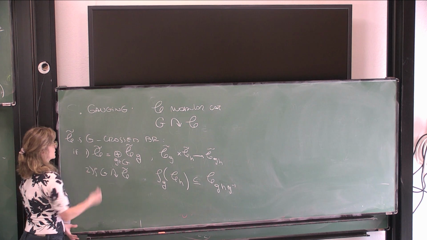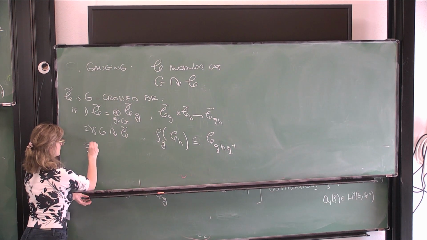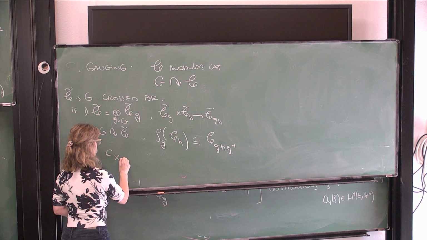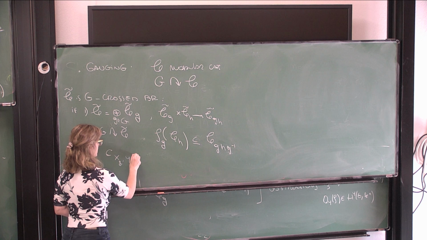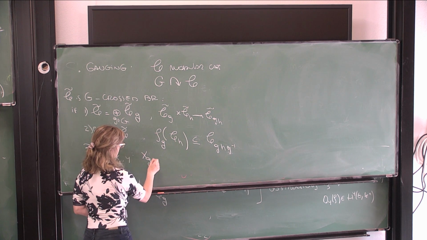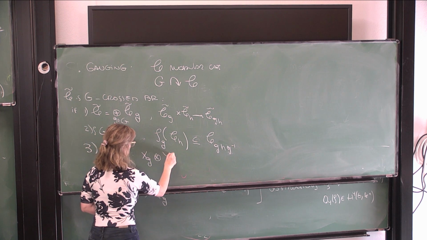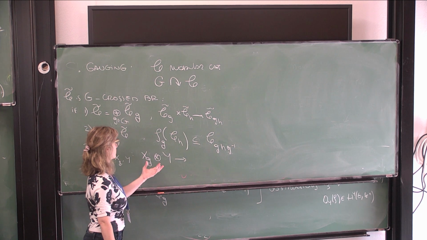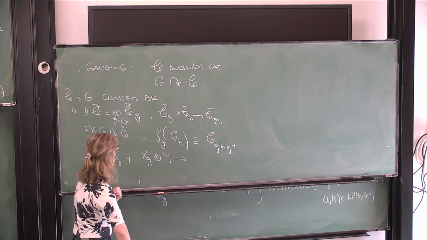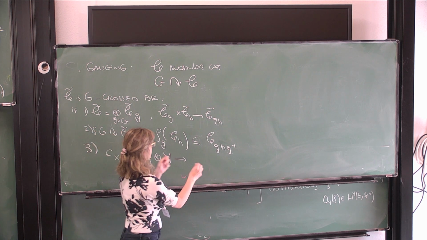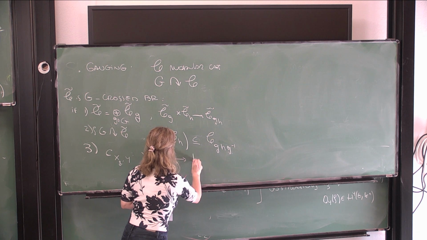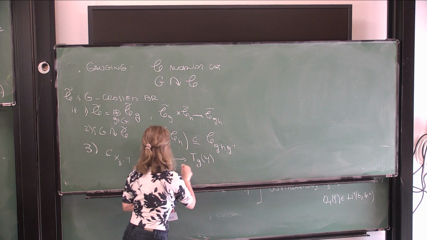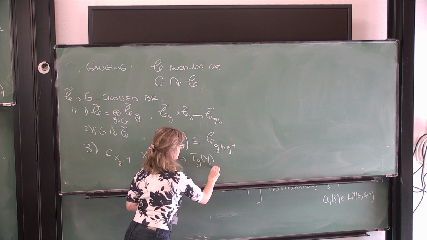And then why it's called G-cross braided is because you want to have a map that interchanges things, but you don't need H in one of the sides.